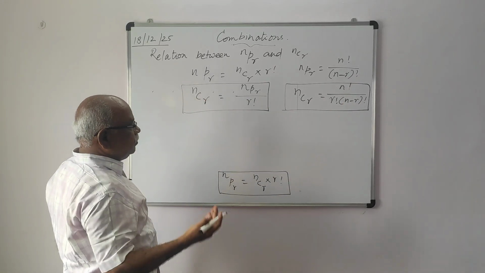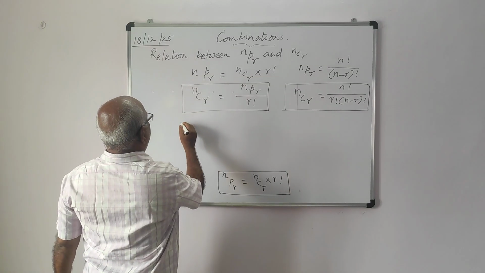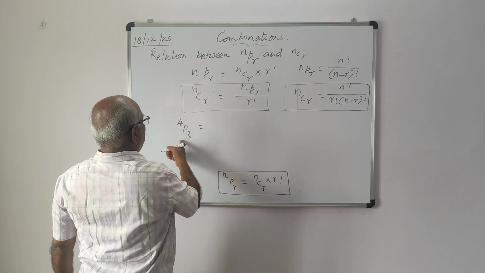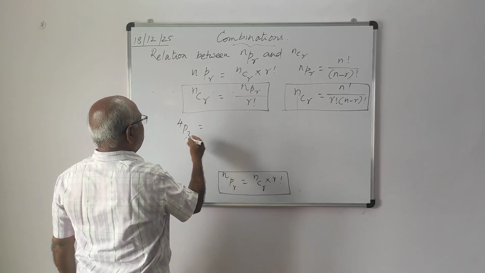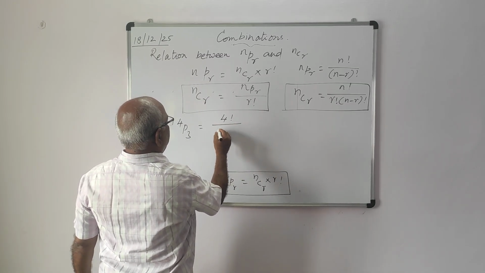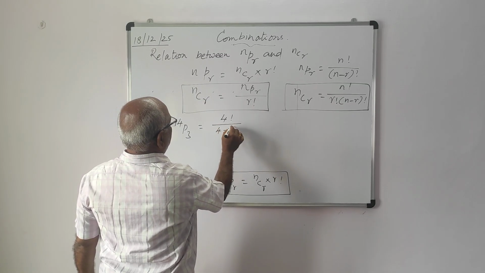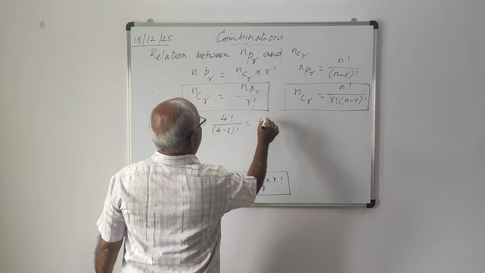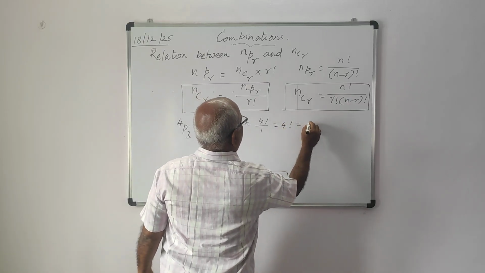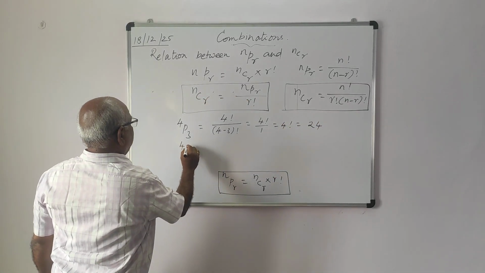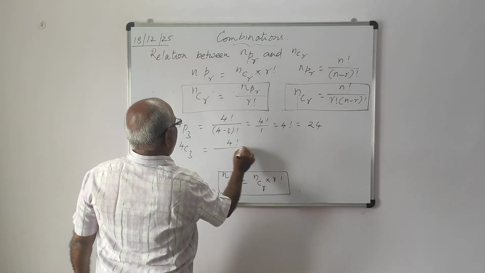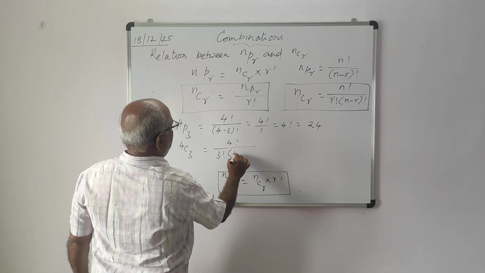Okay, so far we have derived that. Now 4P3 equals n factorial by n minus r factorial, that is 4 factorial by 4 minus 3, which is 1 factorial. 1 factorial is 1. That is 4 factorial, which is equal to 24. Whereas 4C3 is equal to n factorial by r factorial into n minus r factorial.